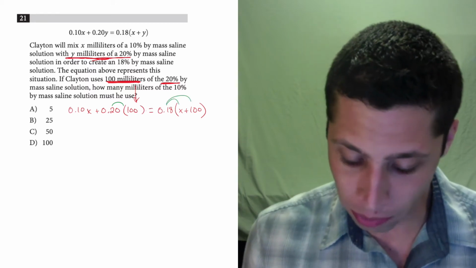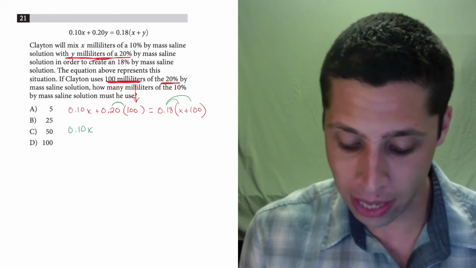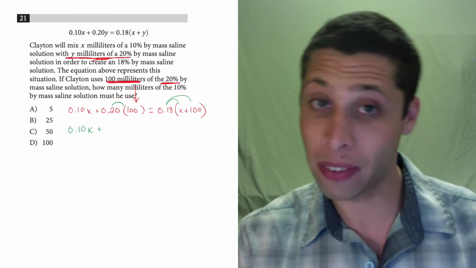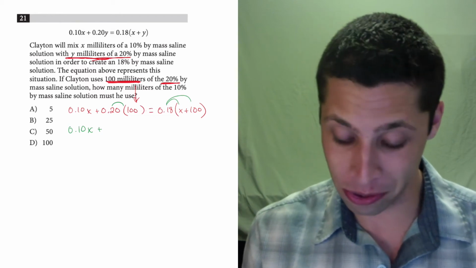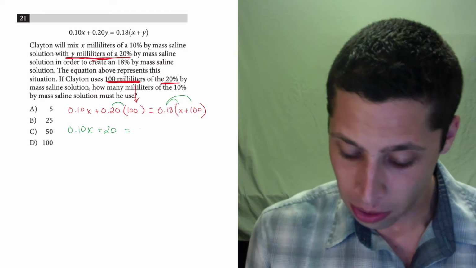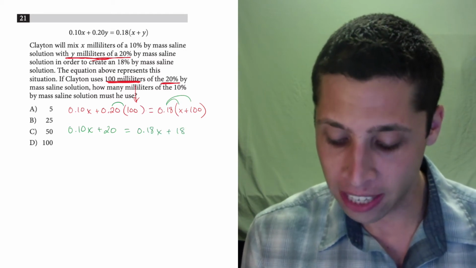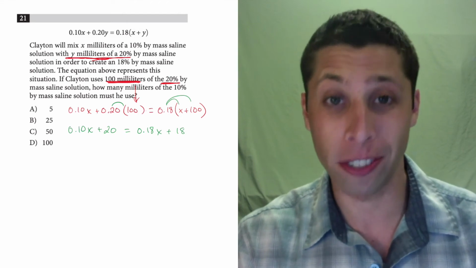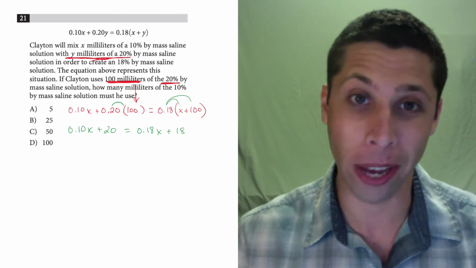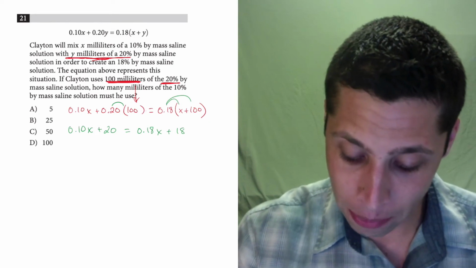That's going to rewrite this equation as 0.10x plus, now we have a calculator, but hopefully you know 0.20 times 100 is just 20, is equal to 0.18x plus 18. Again, you can use a calculator, but you should know how to multiply decimals by 100.